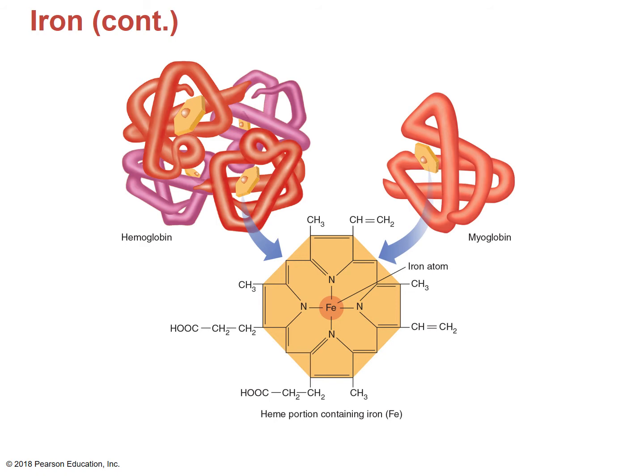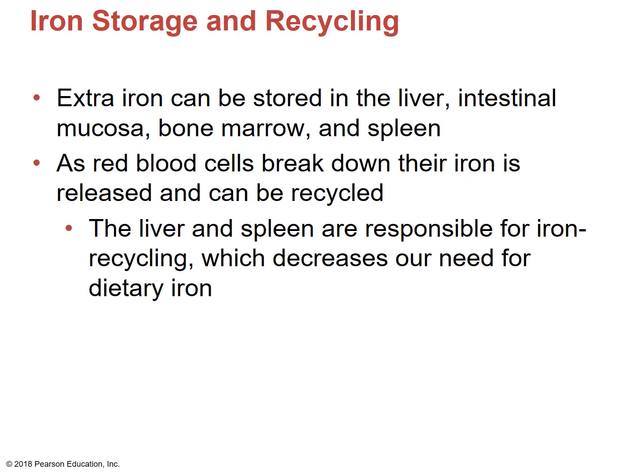This particular slide shows iron is contained in the heme portion of the hemoglobin and myoglobin. Iron absorption. This particular slide is showing the storage and recycling that I just talked about.